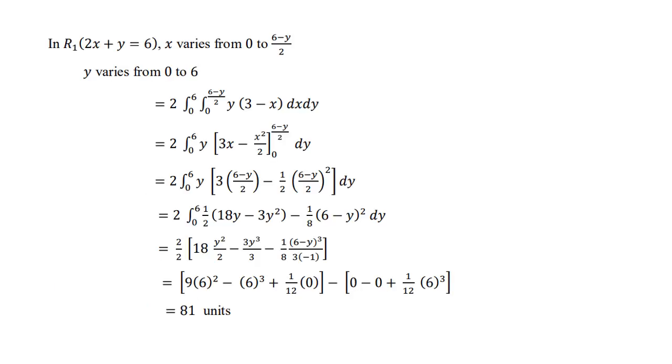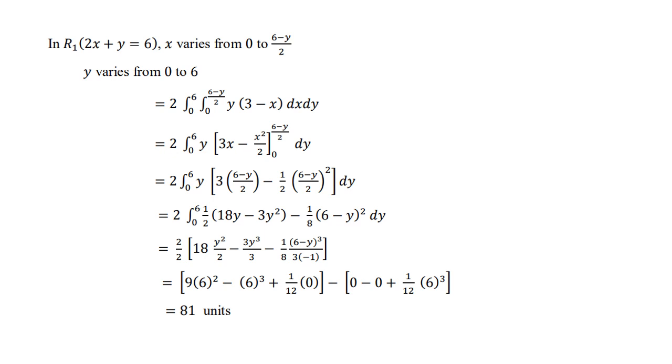Now we have to integrate it twice. Here y varies from 0 to 6, since in R1, 2x plus y is equal to 6, and x varies from 0 to (6 minus y) by 2. So we apply the lower limit 0 and the upper limit 6 for the outer integral with respect to y, and the lower limit 0 and the upper limit (6 minus y) by 2 with respect to x.